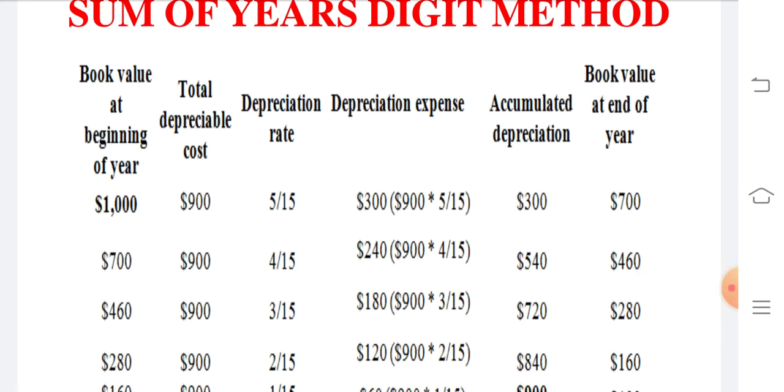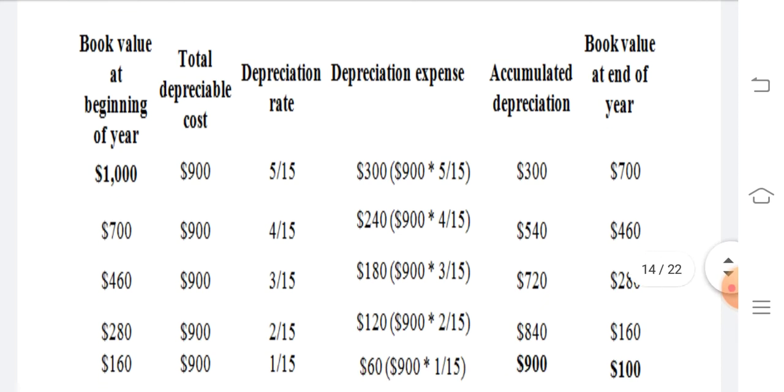That 900 is shared into 5 different years as 5 by 15 of 900, 4 by 15 of 900, 3 by 15 of 900, 2 by 15 of 900 and 1 by 15 of 900. In the first year, 5 by 15 of 900 is 300 rupees, which is the depreciation expense for the first year.